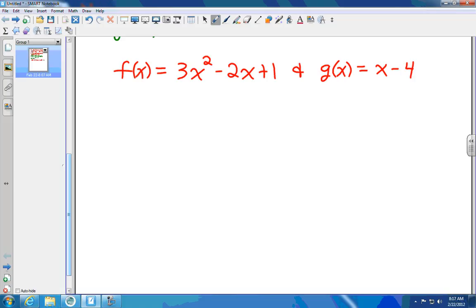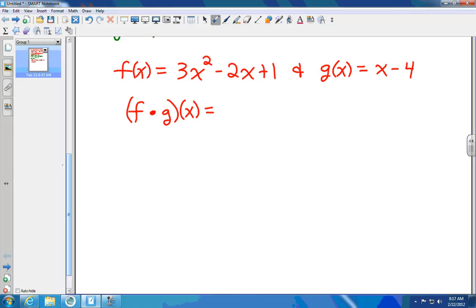And again, that will be part of your directions. The f of x and g of x will be given in the directions, and then it will say to find f plus g, f minus g, and so on. So this one wants us to first find f times g. That will be written with a closed dot. F times g of x, multiplying the two now.